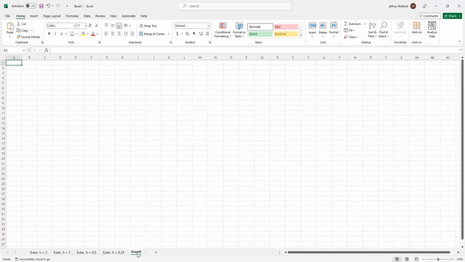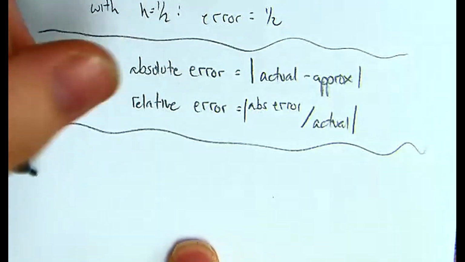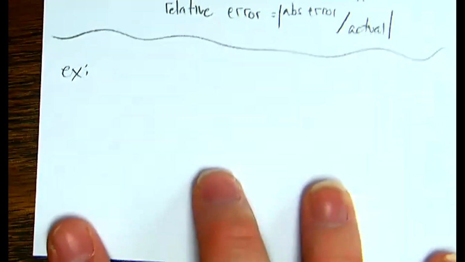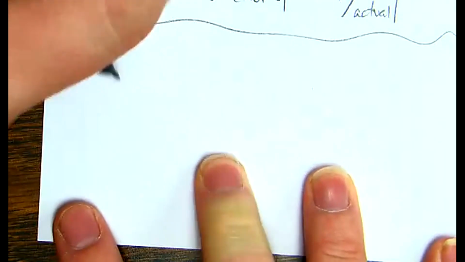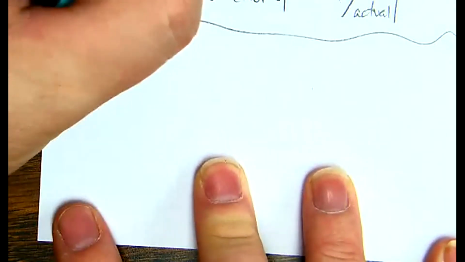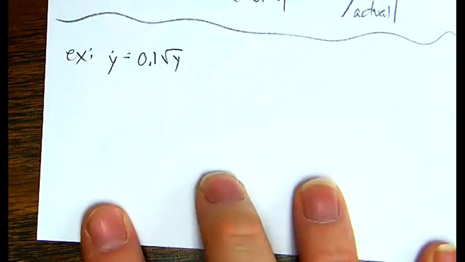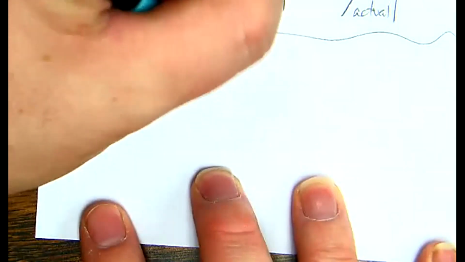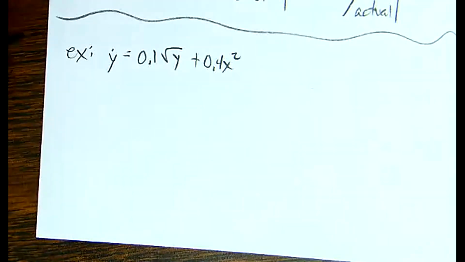So let's switch to a slightly different differential equation. Say we have y dot is equal to 0.1 root y plus 0.4 x squared.